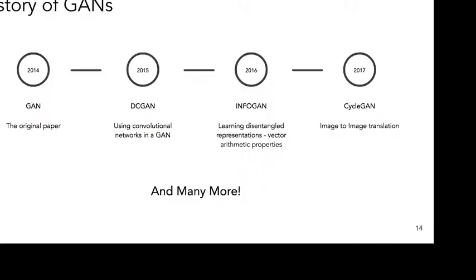In 2016, there was the InfoGAN, so it learned disentangled representations, so basically it learned how to do vector arithmetic in its generation space. We're not going to go too deep into that. And then 2017 was CycleGAN, and that does image-to-image translation. So given an image, you output an image as well. And there are many more.